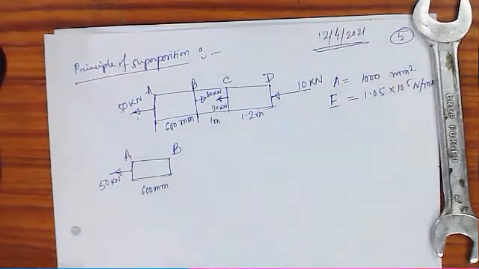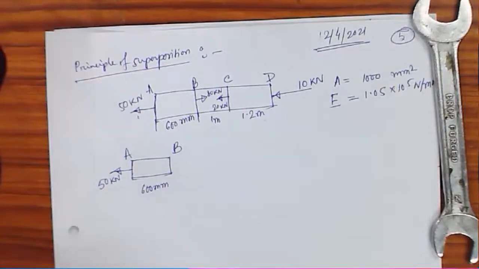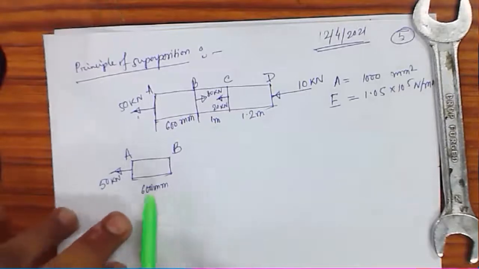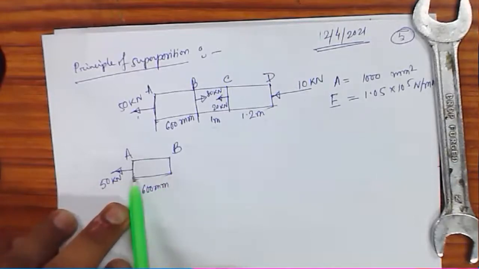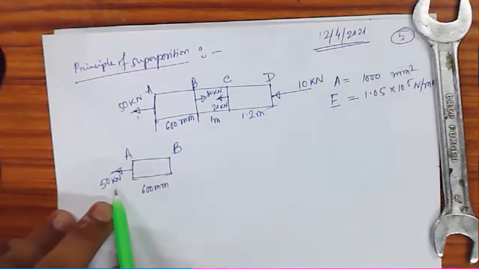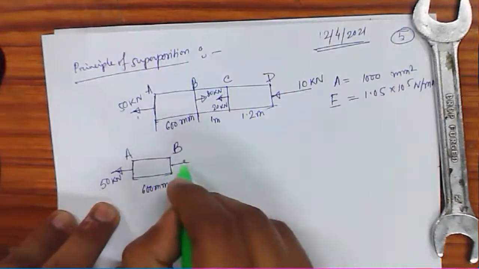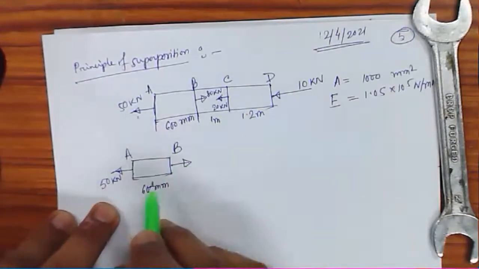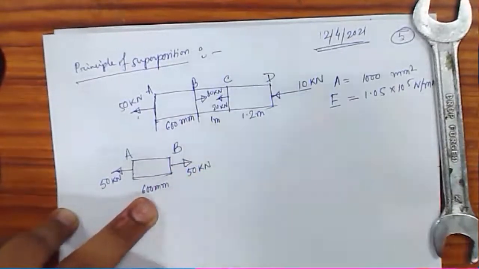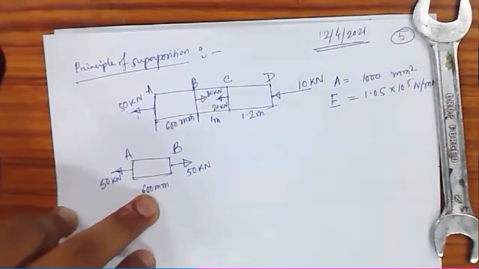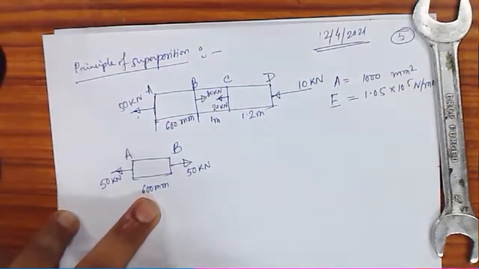Now again focus, try to understand what is happening. This component of the object is in equilibrium. So on the left hand side the force is 50 kilonewton, so for equilibrium there should be another force in the opposite direction, 50 kilonewton. Okay, is there any question? No, sir. Okay, fine.